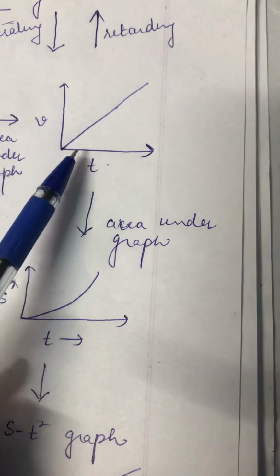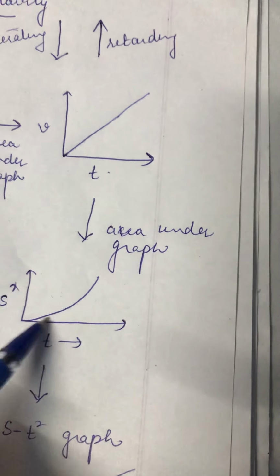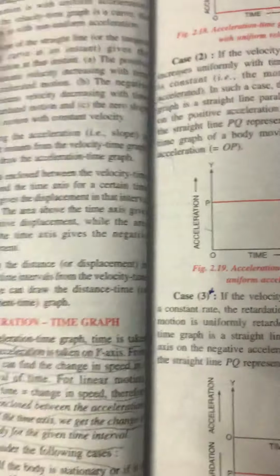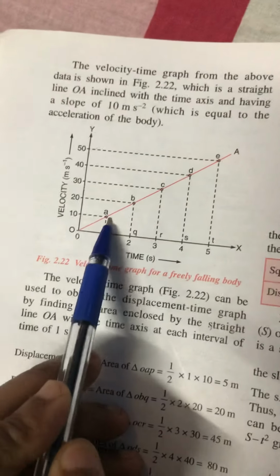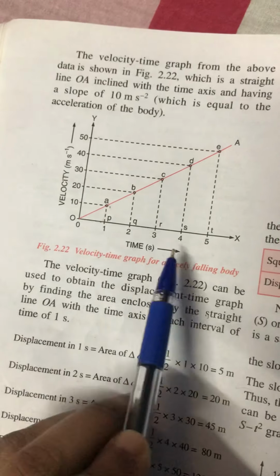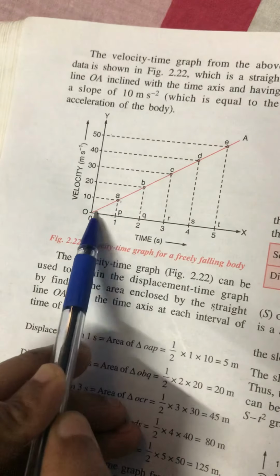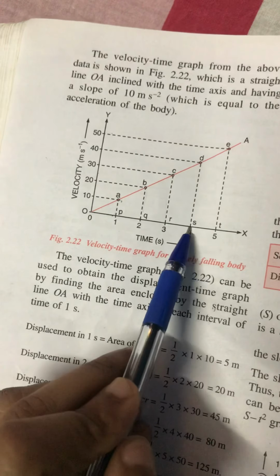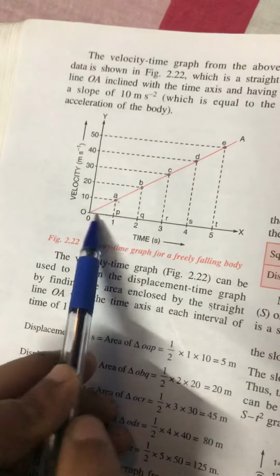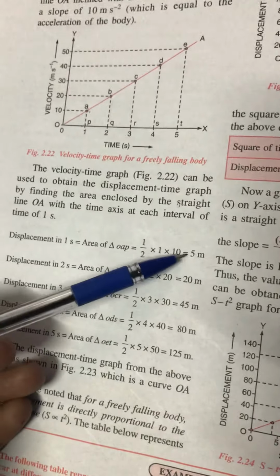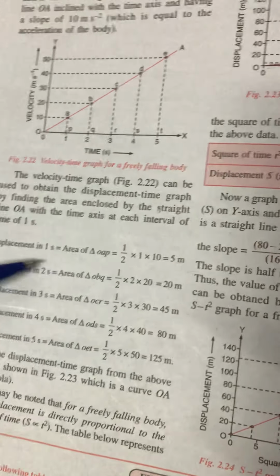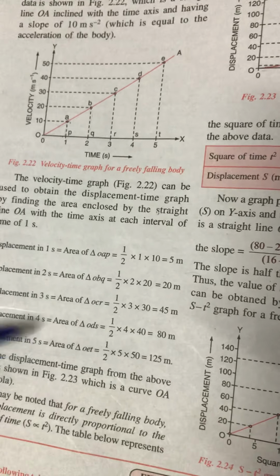Now from this graph, the area under the curve gives me what? Displacement. So for every instant, the area of this triangle, then this triangle, and similarly this one, gives the areas for these time periods.